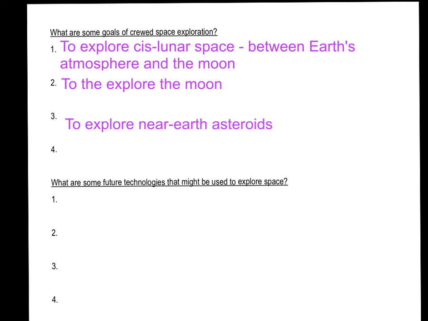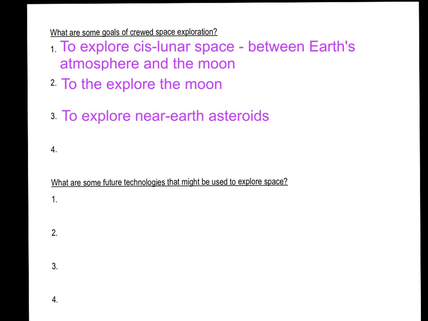The third one is to explore near-Earth asteroids. Near-Earth asteroids would be those that are orbiting closest to us. What those can do is provide clues about the early solar system.